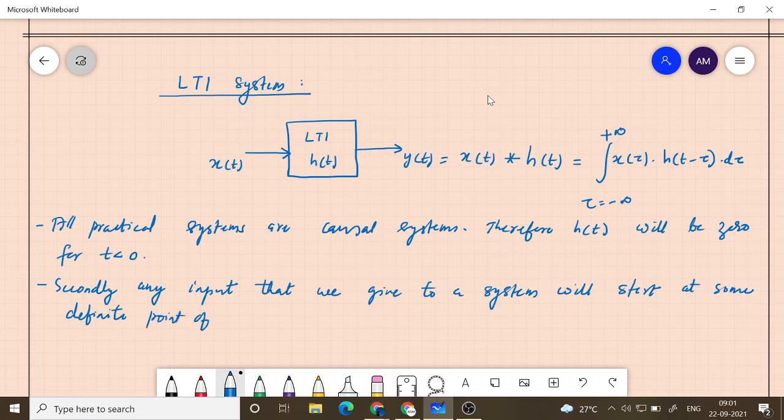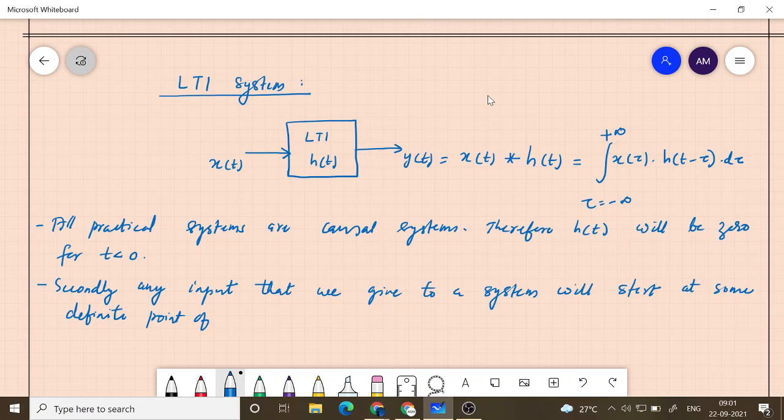Suppose you are doing an experiment, you will switch on your system at a particular time, and from then only the input is given to the system. If it is a circuit, you will give an input at some particular time when you start the experiment.